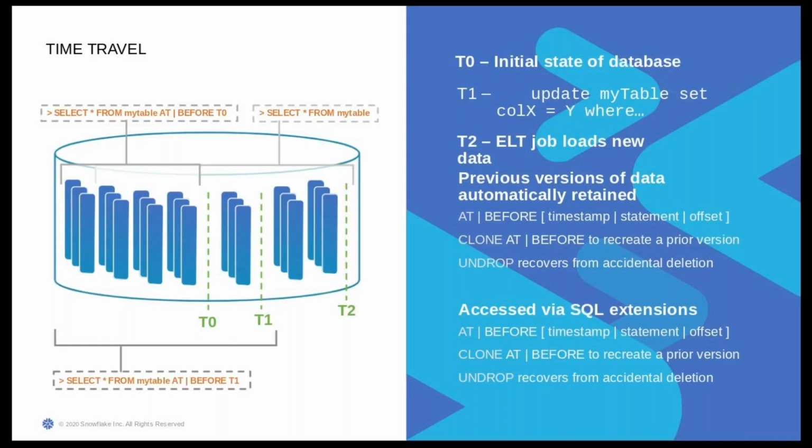You can query at a particular timestamp, before a particular query ID, and the third one is called offset: minus 300 seconds, minus 500 seconds, minus 10,000 seconds. You can go back and at that point in time query what this table was, and that is possible because Snowflake gives you revisioned files. Are you able to follow me?